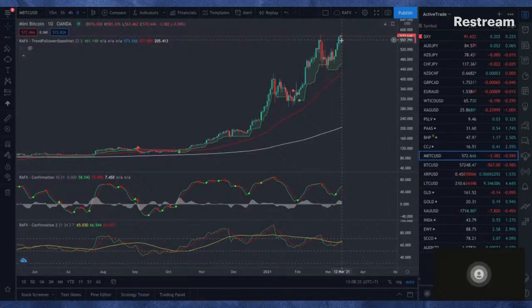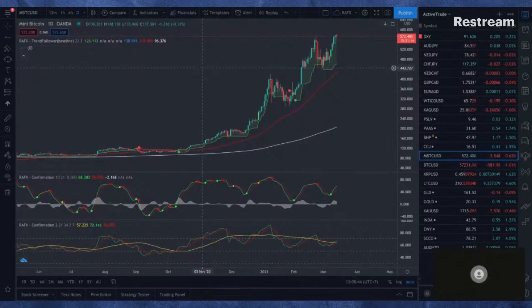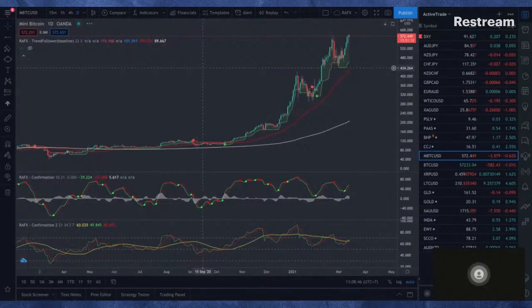So there's a probability that it will go down, but if it does not go down, then I'm good because I already bagged a good profit for my mini Bitcoin. So my next opportunity would be to wait for the price to go back to that market structure, because I still believe that Bitcoin is in an uptrend.